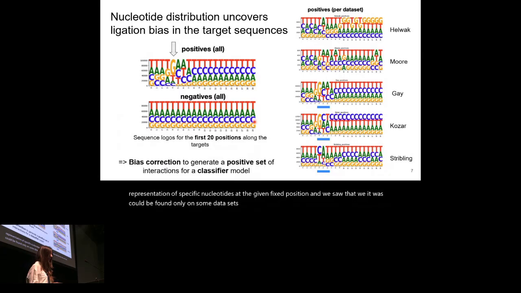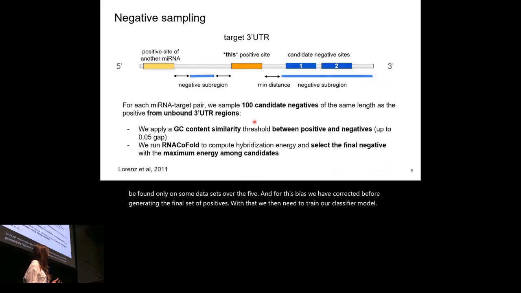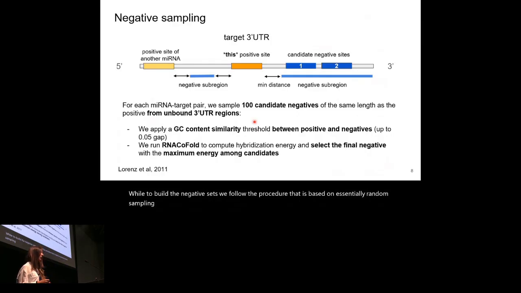For this bias, we corrected before generating the final set of positives that we then need to train our classifier model. While to build the negative set, we followed a procedure based on random sampling from unbound regions of the 3' UTR of the positive target site, after which we apply some constraints that make sure that this is a good negative.